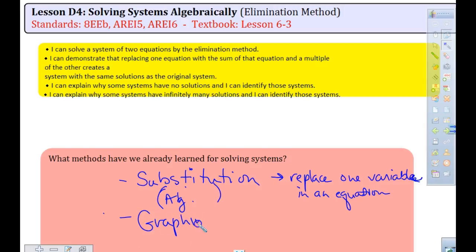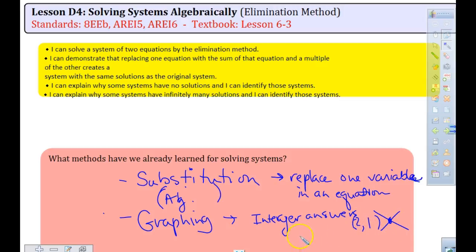And graphing only really works well in our systems if you are going to have integer answers, I would say. If we have integer answers for our x and y, meaning you see that point of intersection and you don't have any fractions or decimals, right? Because if I have something like -2, 1, that's nice to see.